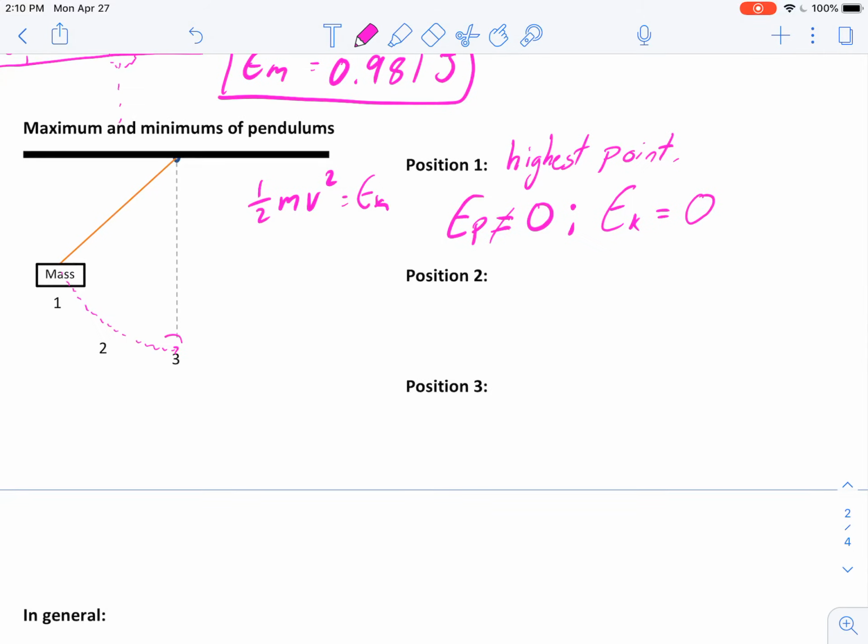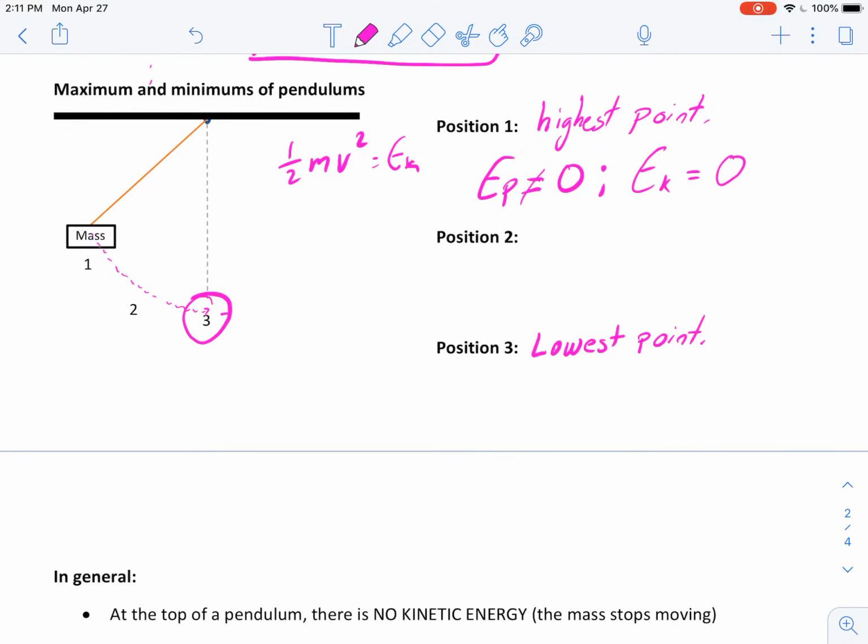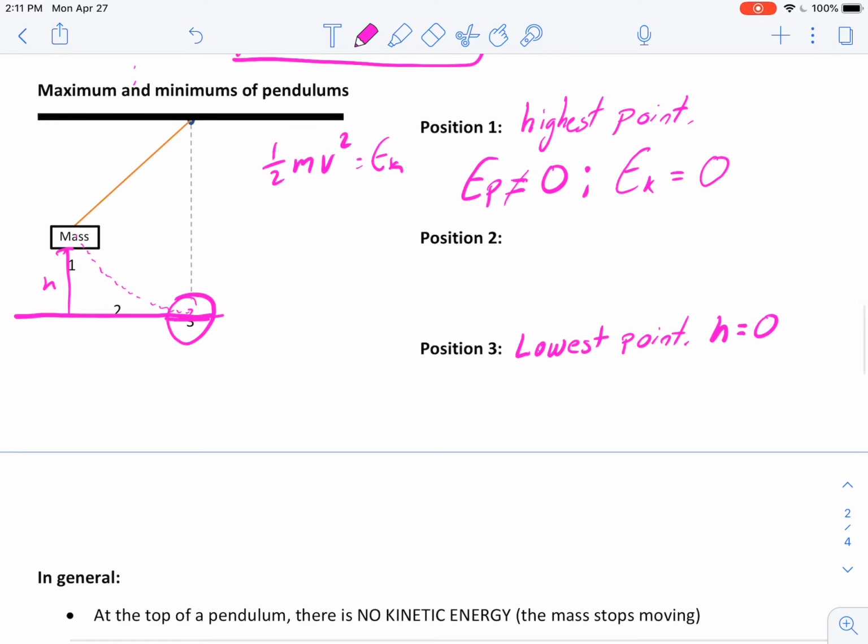Let's skip to position 3 here. At the lowest point, well, our height, remember, it's measured from the equilibrium position. That's height. So at this point, our height is equal to 0. At the highest point, remember, V was equal to 0.